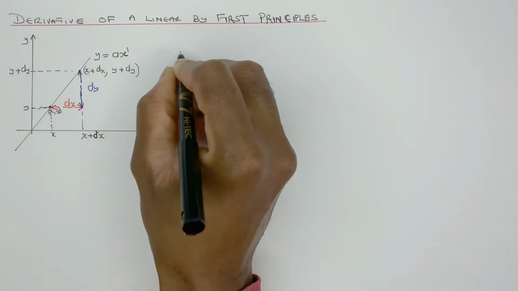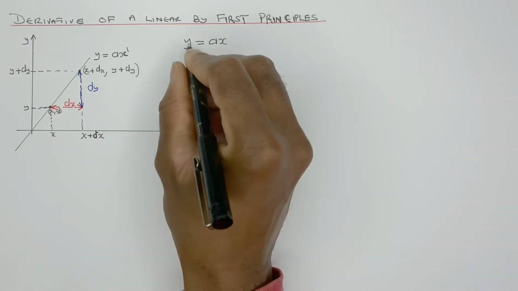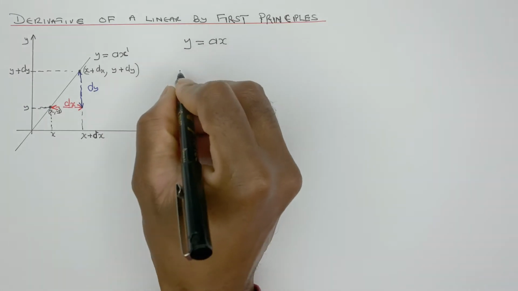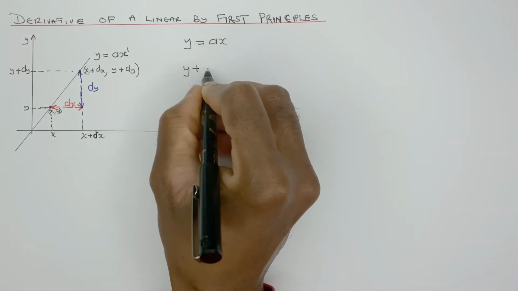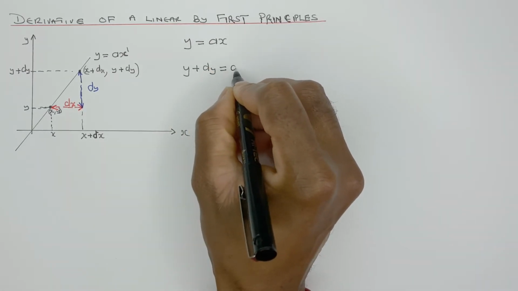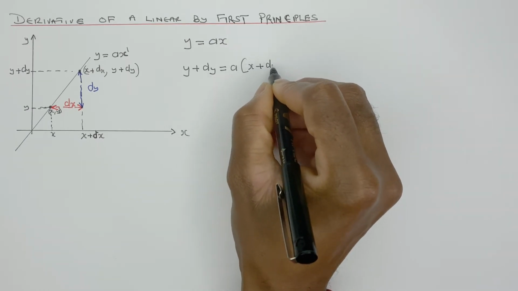We know y equals ax. I'm increasing y. That's for this point here. But what about for that point? For this point here, it's y plus dy will be equal to a, open bracket, x plus dx.